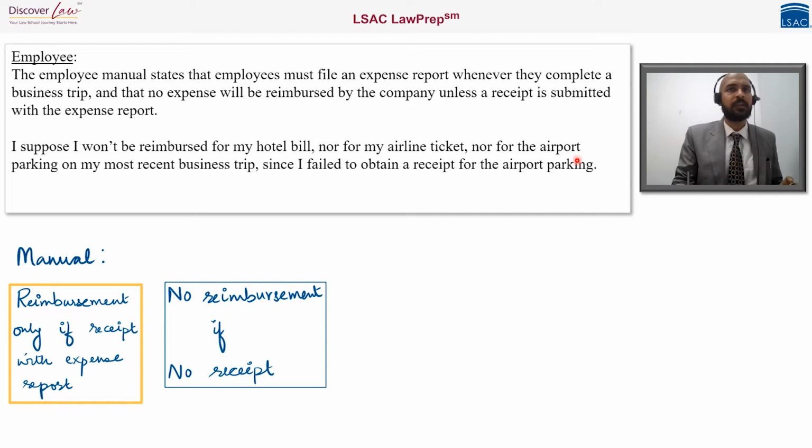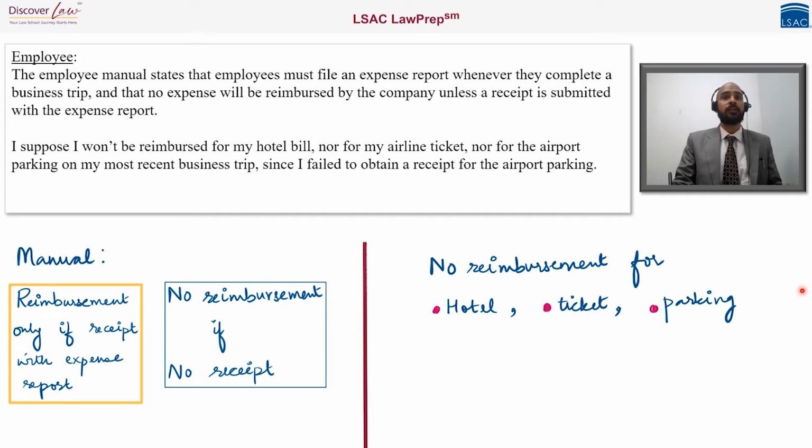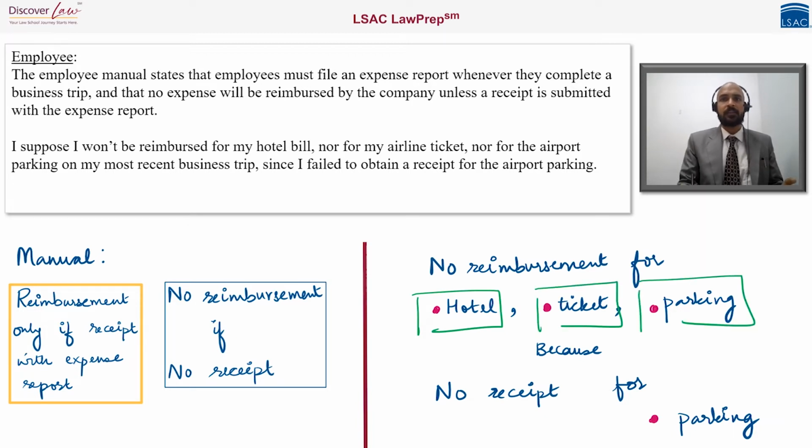Now what the employee is saying here is that, hey, I won't get my reimbursement for the hotel bill, for the airline ticket, or the airport parking because I did not get a receipt for parking, which means that there were three things here. He said I did not get a receipt for this and therefore I will not get any of these.